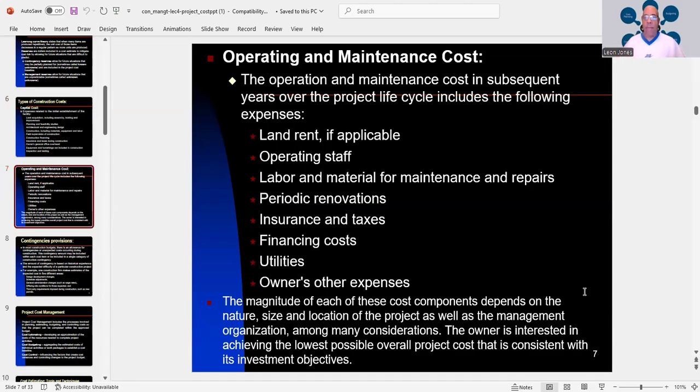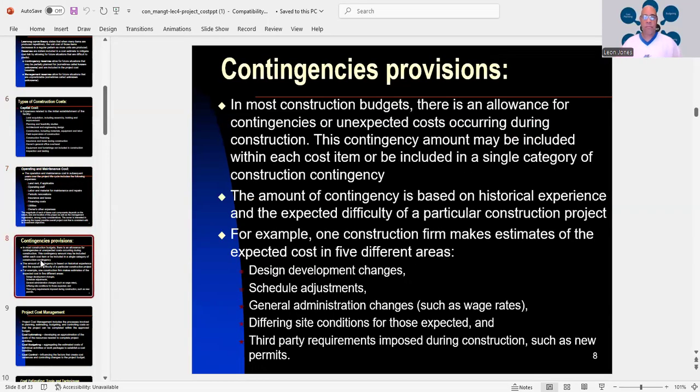So basically, the magnitude of each of these cost components depends on the nature, size, and location of the project, as well as the management organization, among many considerations. So the owner is interested in achieving the lowest possible overall project cost that is consistent with its investment objectives.